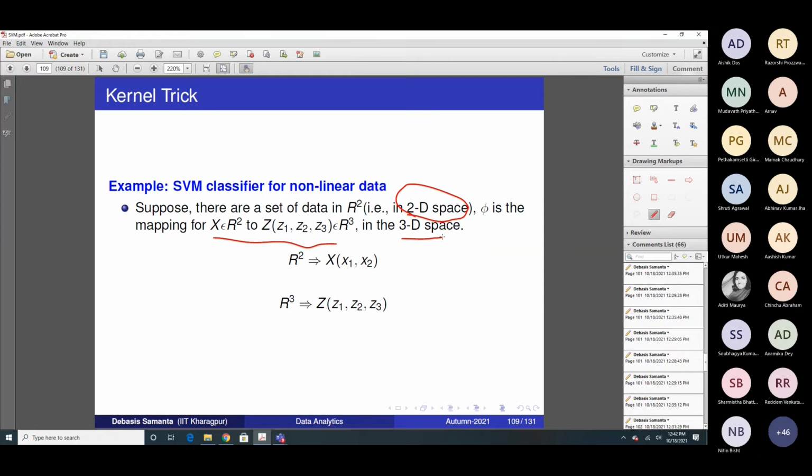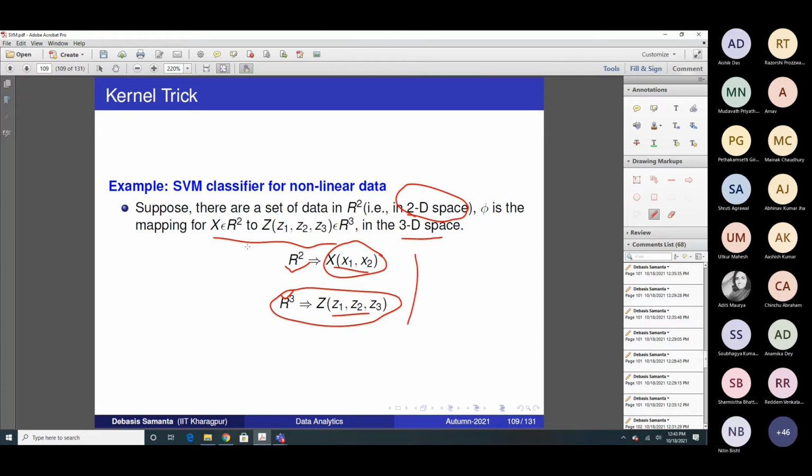As I said, the Z transformation or nonlinear mapping will usually increase the dimensionality. So if your data can be classified by this classifier in R2 space, then the same data can be classified by Z values in R3 space. So the dimensionality is increased from 2 to 3 here.